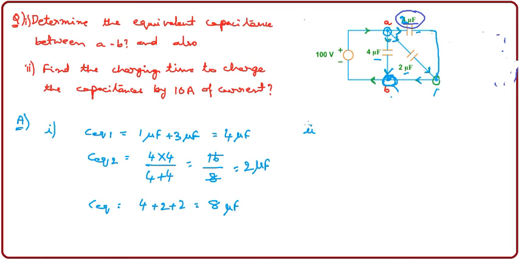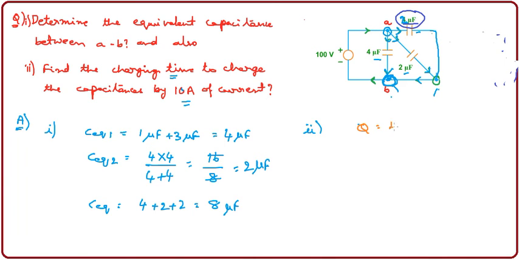Coming to the second problem, find the time to charge the capacitance by a charging current of 10 ampere. So this is the charging current here, and we need to find the time. What is the formula?